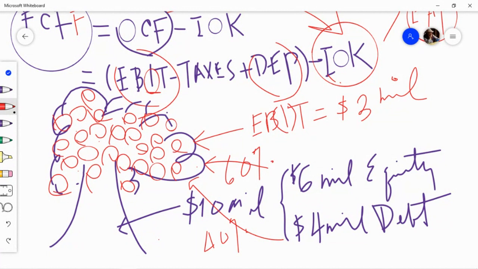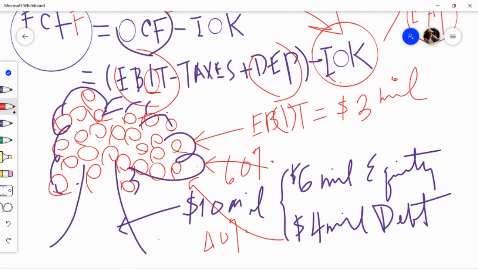These fruits are the result of the contribution of equity, and the portion of that contribution is 60%, because that's the capital structure of this company.